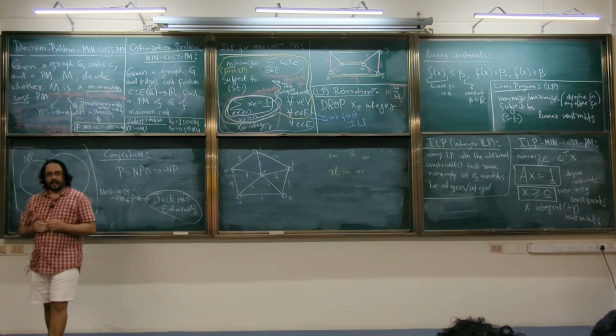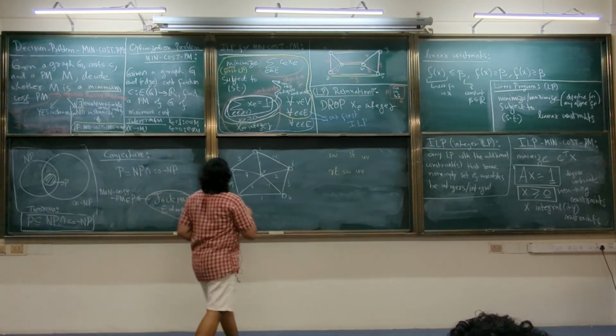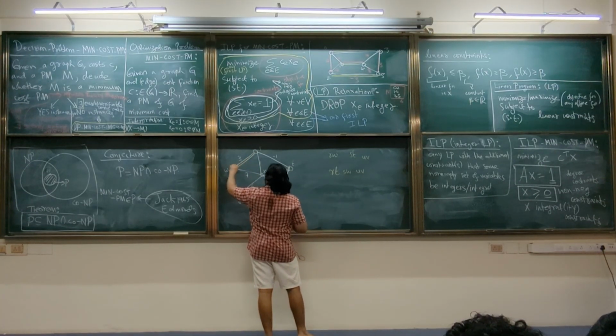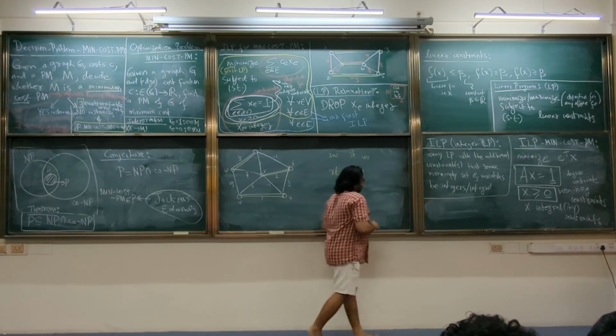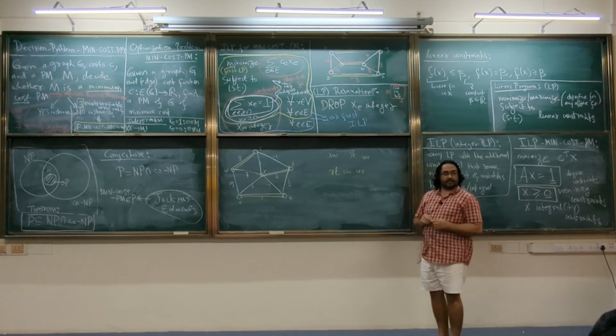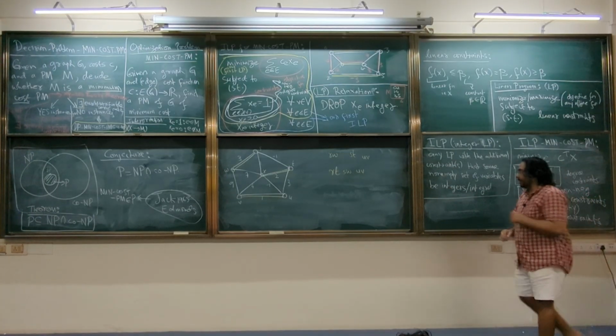6. Can anybody do better? That's it, right? 6. Oh, I think this is correct. 6 is actually correct. RT, SW, UV. 3 plus 1, 4 plus 2, 6. Yeah, nobody is able to find better than this, right? Okay, good.